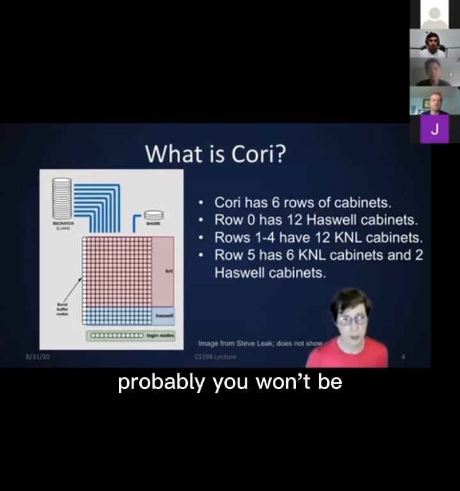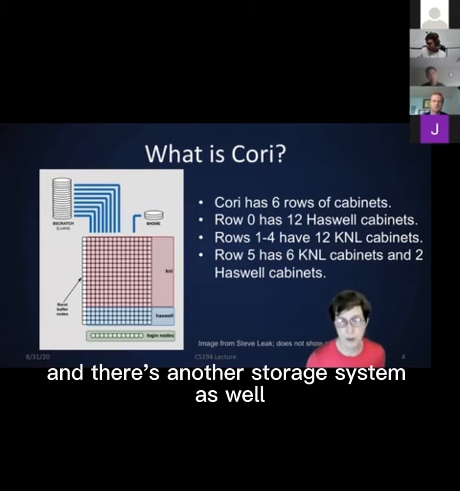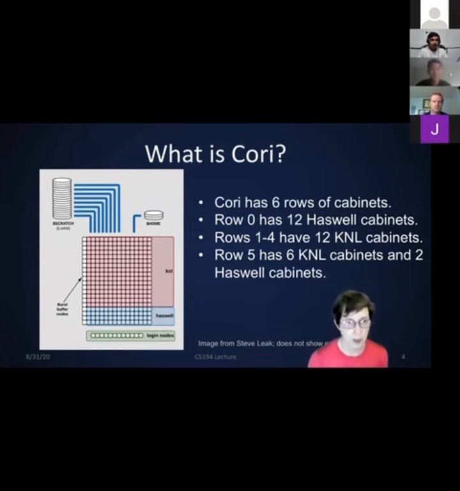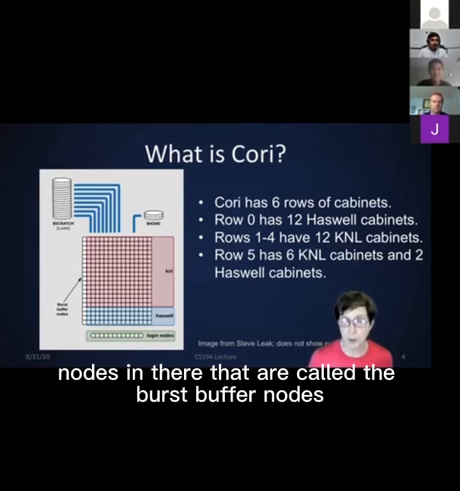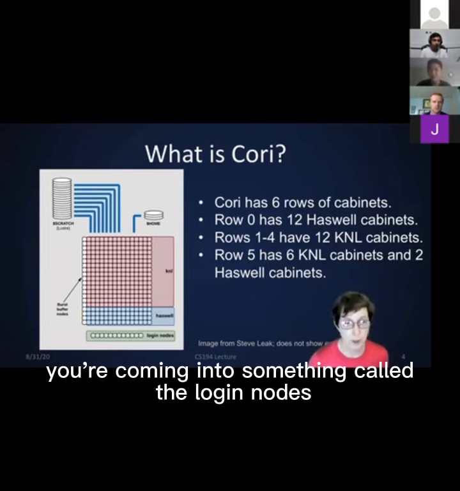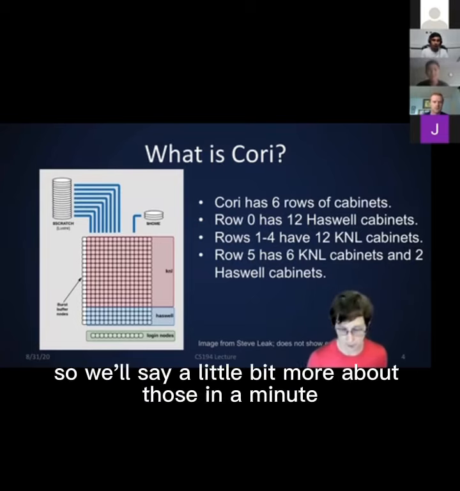Probably you won't be using very much storage today, and there's another storage system as well, but for the most part your assignments will not require very much storage. There's some other nodes in there that are called the burst buffer nodes that have SSD. You're coming in through something called the login nodes, these green nodes down here, which are also Haswell nodes, and we'll say a little bit more about those in a minute.